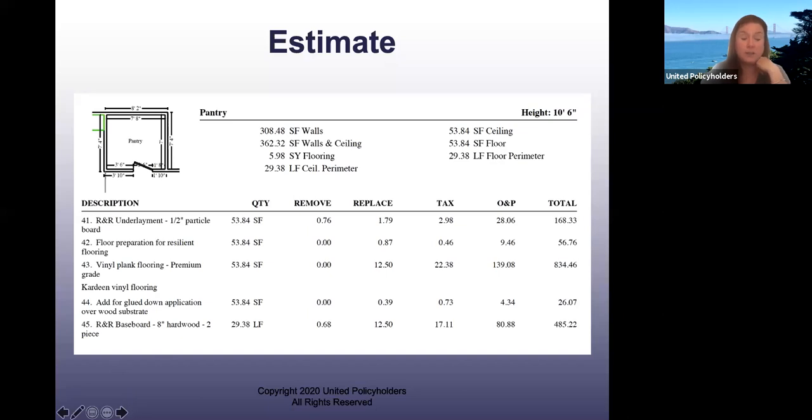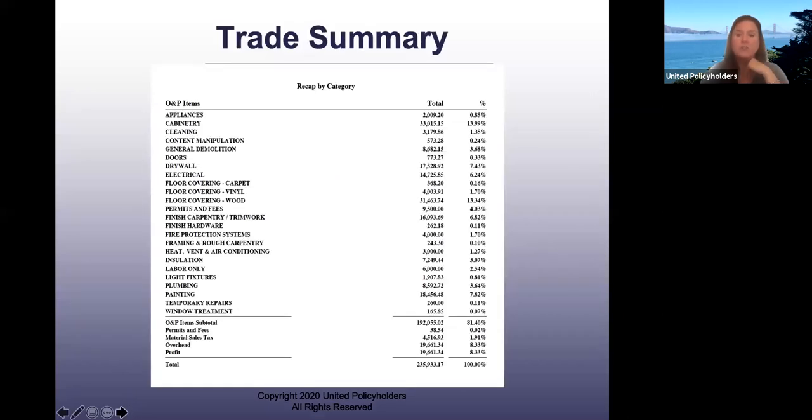I'm kind of a geek, I think it's fun. Once you get where you feel that their scope is reflective of the home you lost, then you can start looking at numbers. And this is the easiest way to do it.